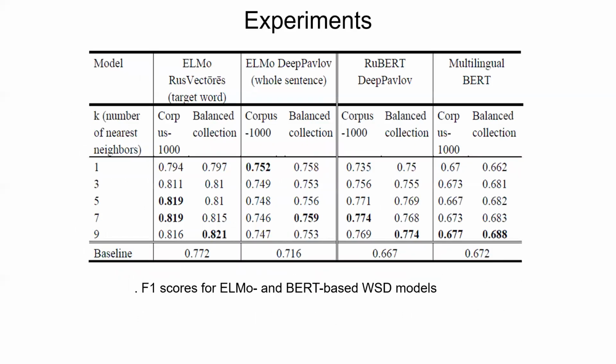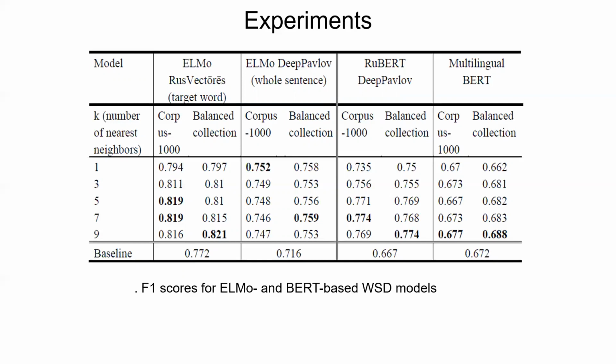This table demonstrates the results obtained by different types of contextualized word embeddings, training collections and model parameters. As can be seen, all the systems surpassed the quality level of the baseline solution trained on the dataset of the dictionary definitions and usage examples.